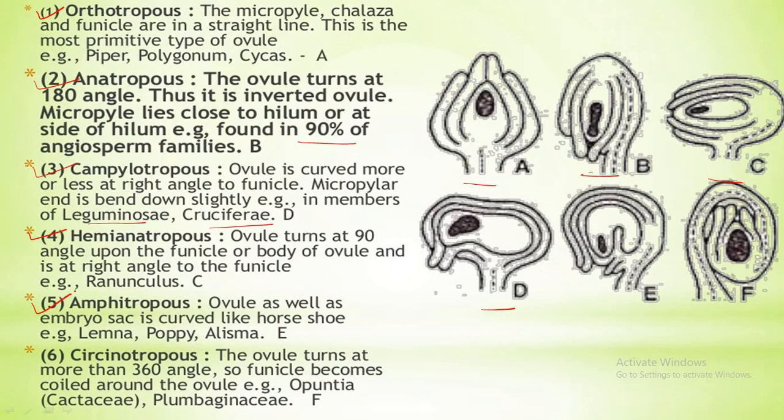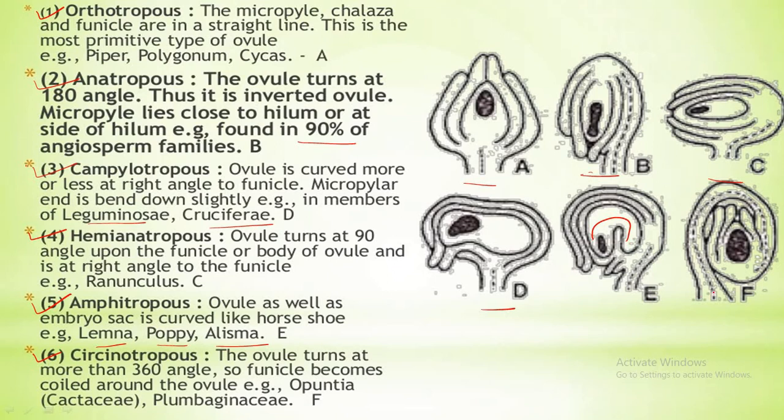The fifth one is amphitropous, where the embryo sac becomes curved like a horseshoe. You can see here this horseshoe-like curve. The embryo sac becomes curved, so it is amphitropous. Examples are Lemna, poppy, Alisma, etc. And the last one is circinotropous, where the funicle completely surrounds the body of the ovule.